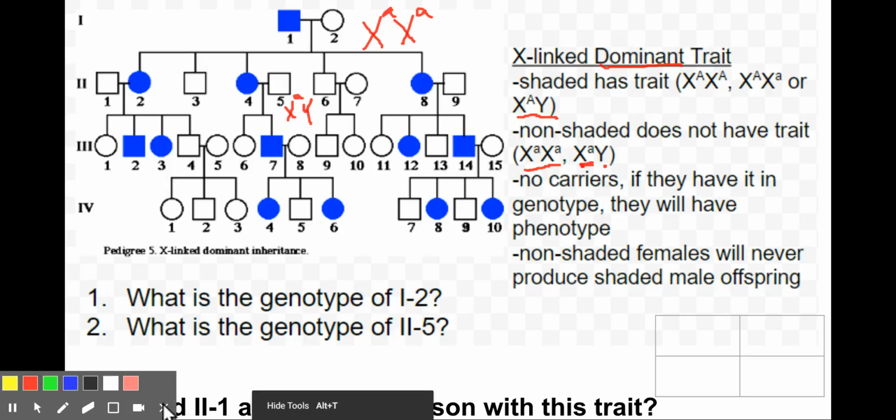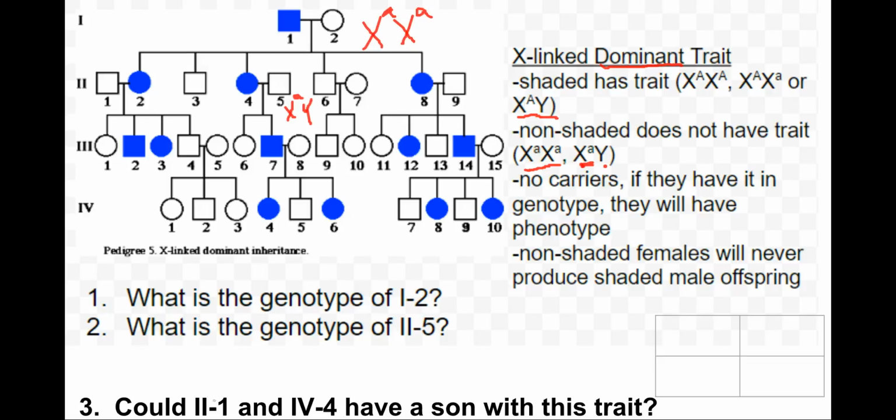Okay, so now could 2, 1 and 4, 4 have a son with this trait? So as we're looking at this, 2, 1, we're looking at right here, and 4, 4 right here. Could they have a son with this trait? First of all, again, it's kind of asking us to do a Punnett square.